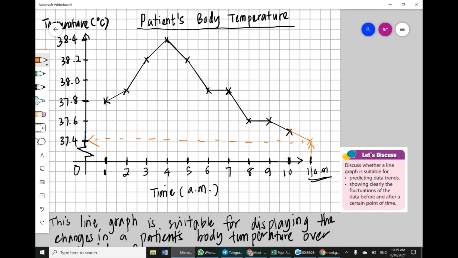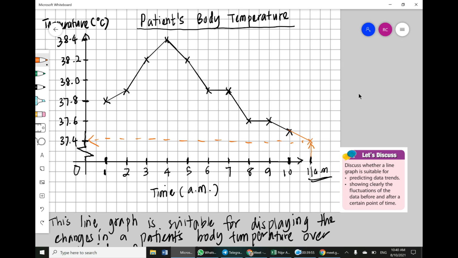Because you can see from here in between these two, the value of the temperature is increasing, going up. And then from 2 to 3 a.m., it goes up. It goes up again at 4 and then go down. So this is called the fluctuation. It goes up and down. So we can see the fluctuation is very clear.